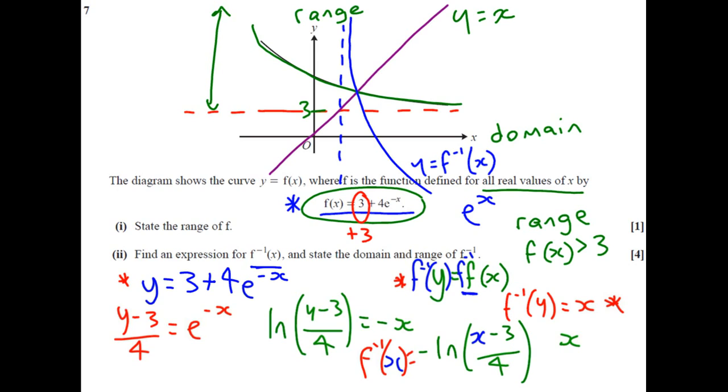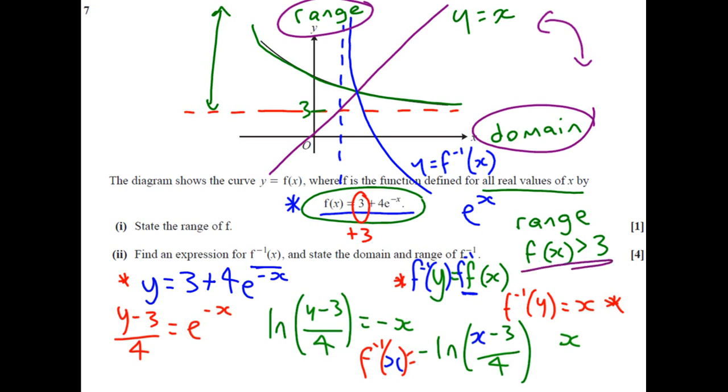And hopefully you've noticed, I've done a video on this, of why this works. I've actually done it with inverse trig functions, but the same still applies. The range and the domain swap. So the range is going to be the old domain, and the new domain is going to be the old range.